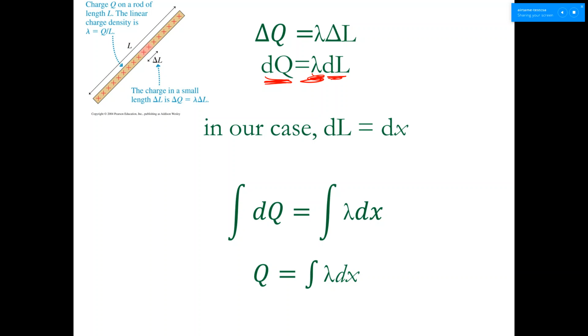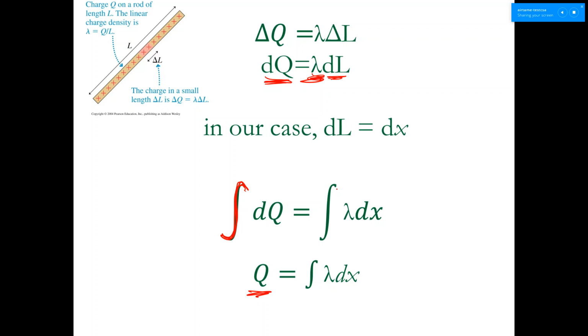If I have those two pieces of information, I can find the charge of that small part. And if I add up, by using the integral, all these small parts, I can find the total Q. If I find all the little charges and add them all up, I'm going to get the big Q, which is all the charge of that object.